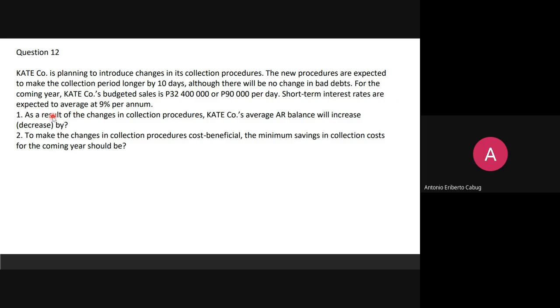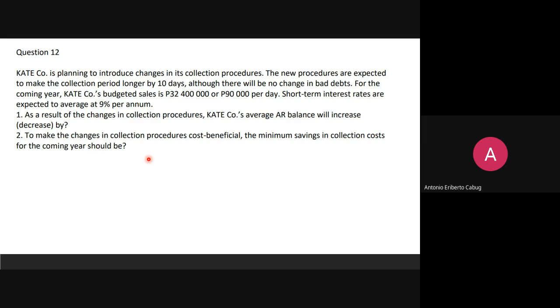Short-term interest rates are expected to average at 9% per annum. As a result of the changes in collection procedure, Kate Company's average AR will increase or decrease by how much? To make the changes in collection procedures cost beneficial, the minimum savings in collection costs for the coming year should be. So isabay nyo na lang yung answer nyo, ha?